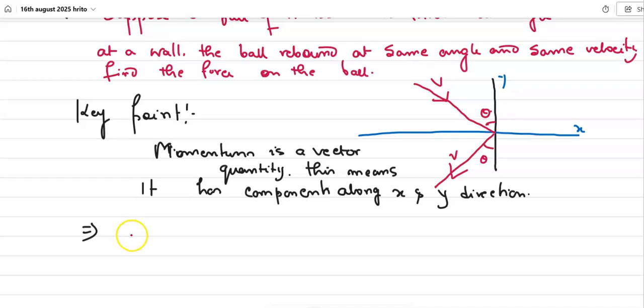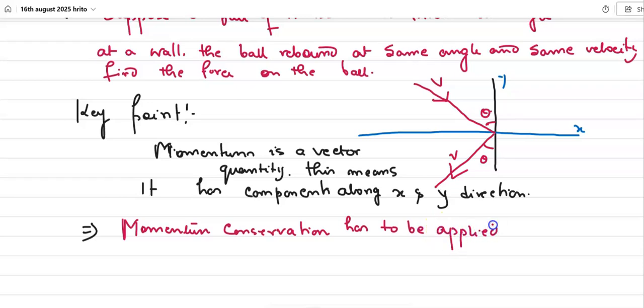In a similar manner, momentum conservation equation needs to be written along different directions with components. Momentum conservation has to be applied along each direction, মানে along each x and y direction.